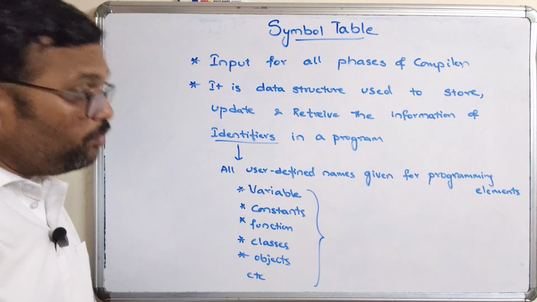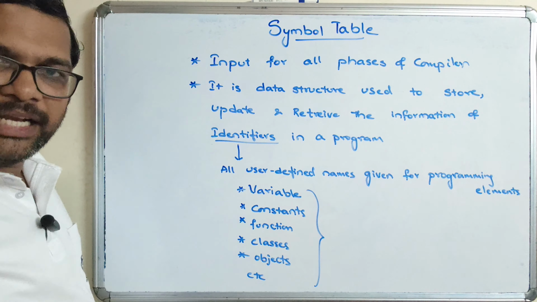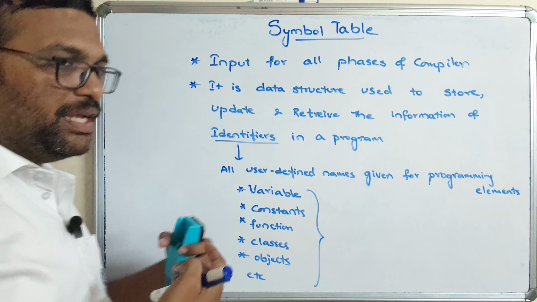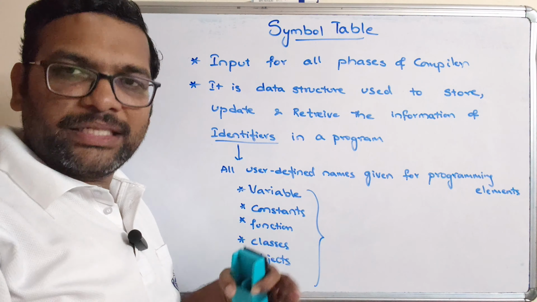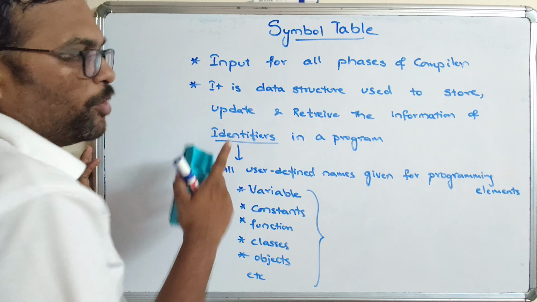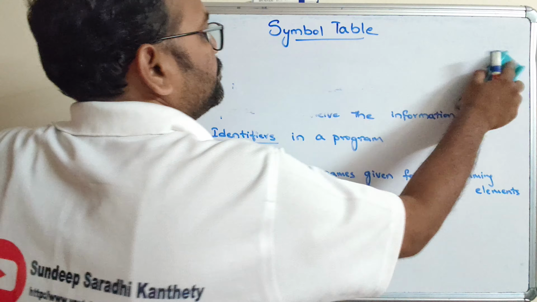Now we'll see what are the fields of a symbol table. That means what kind of information we'll store regarding this identifier. Hope you understood this introduction.